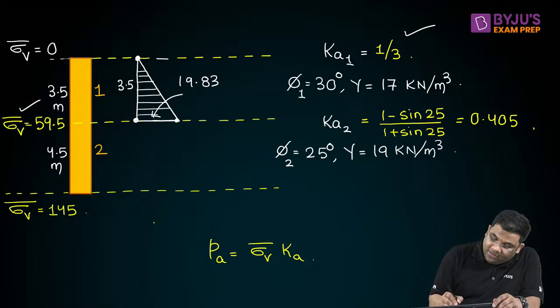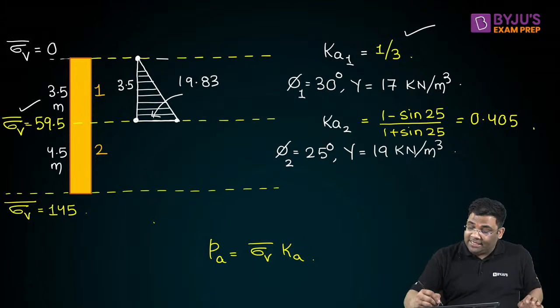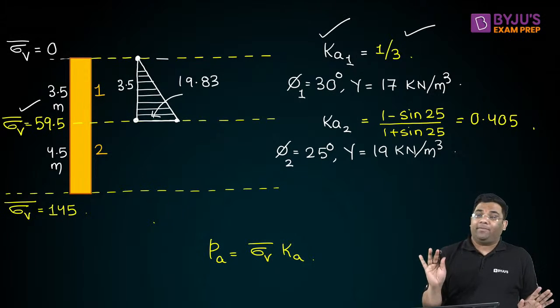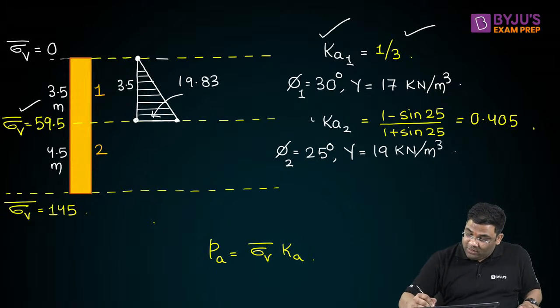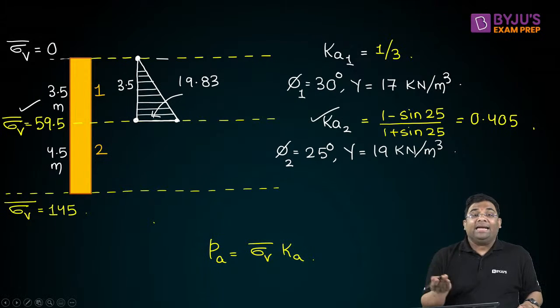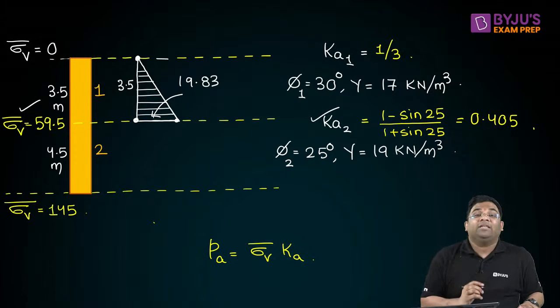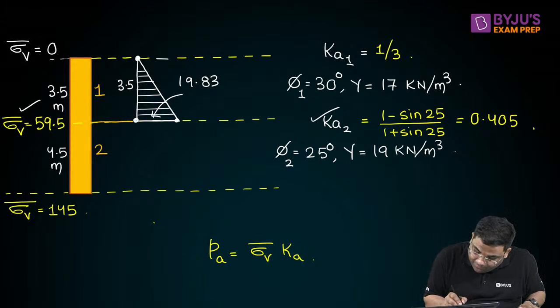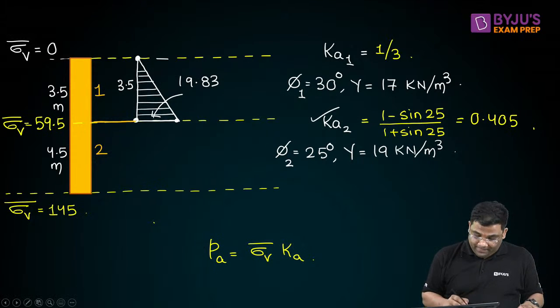Understood how we found out the stress distribution in the first layer? In the first layer, just use Ka into vertical stress and use Ka of the first layer. Now when you're solving the second layer, then take Ka of this one, right? Now at the top of the second layer, at this level, vertical stress is 59.5.